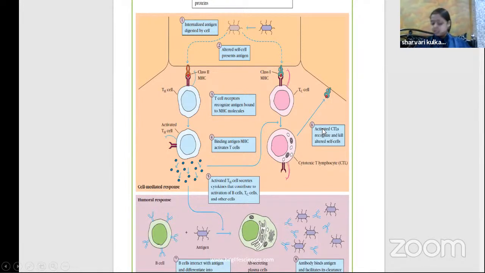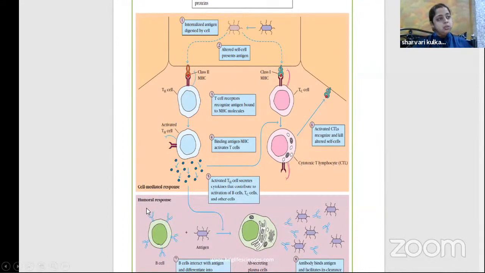So on TC cell, you can see here, when they are activated by class 1 MHC, then this type of activation, in turn the activation by cytokine, they will become activated CTL. CTL means cytotoxic T lymphocytes. These cytotoxic lymphocytes, again, are capable of killing antigen.